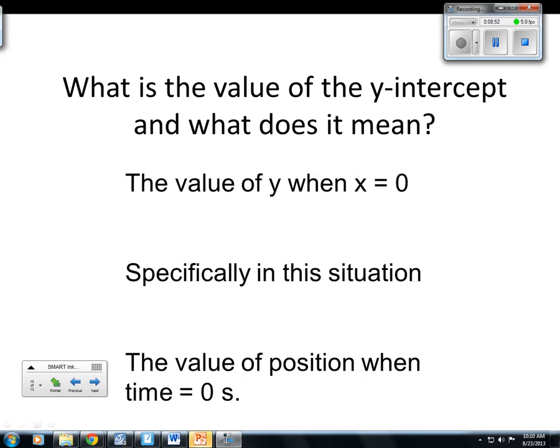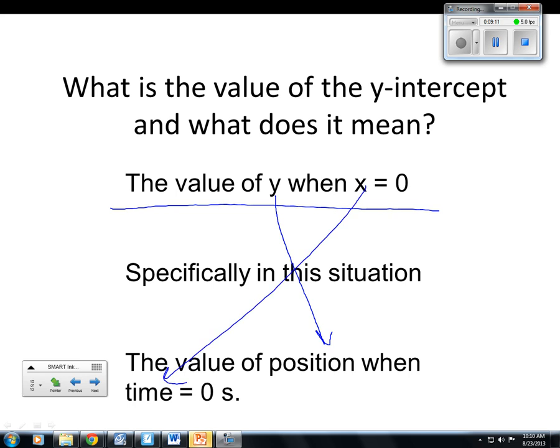So when you're doing these, it always starts as this. That's your mathematical definition. Now just substitute in your values. So it's the value of position when time equals 0. And you can do that with any situation. Doesn't matter what the two variables are. It's always that.